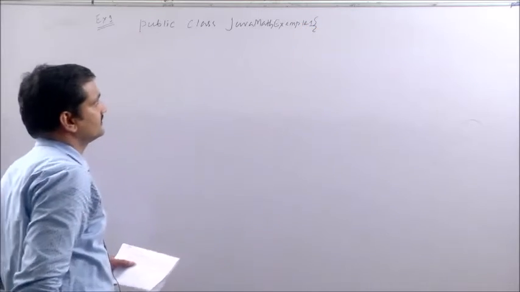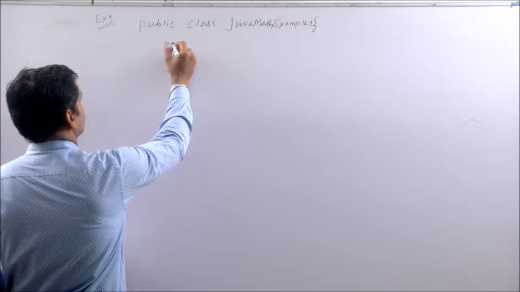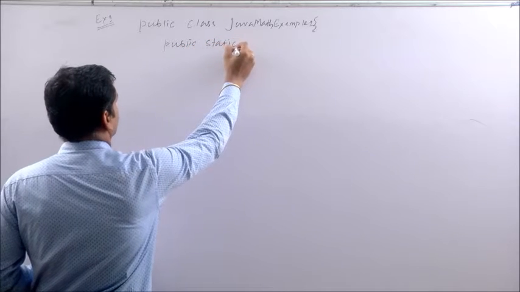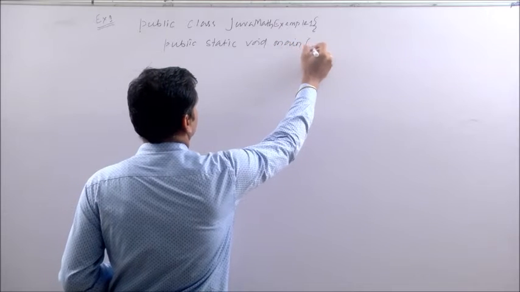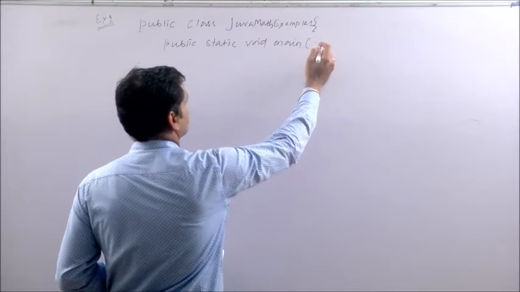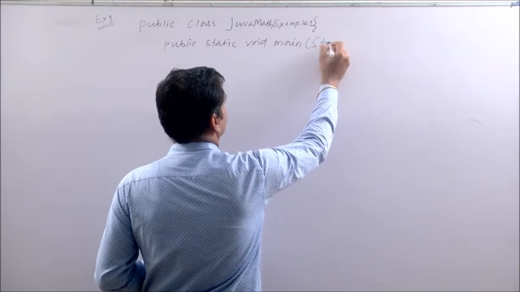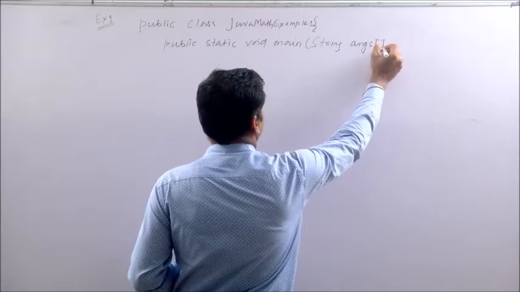So, this is my class JavaMathExample1, in which I am going to use all these methods. Within the main function, public static void main, as we know, it takes arguments of String.